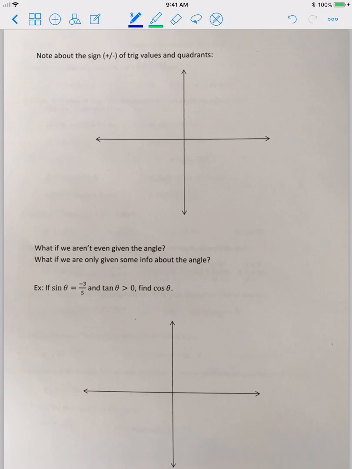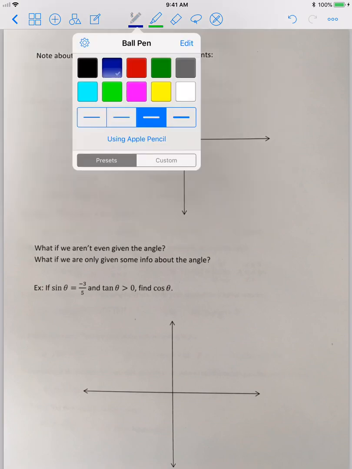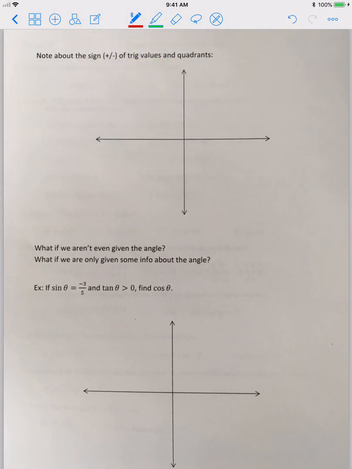So I'm just going to review really quickly what the signs are in each of the quadrants. If we label this "All Students Take Calculus," that means that in the first quadrant, sine of theta is positive, cosine theta is positive, tangent of theta is positive, and also their inverses.